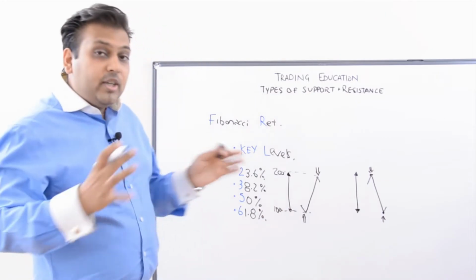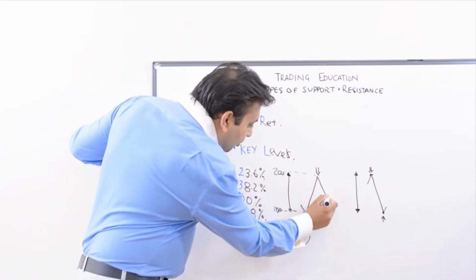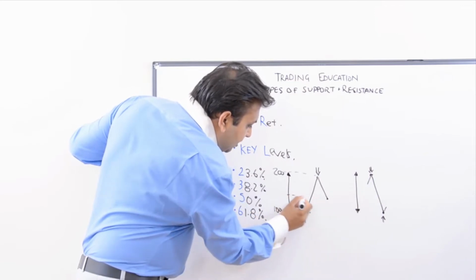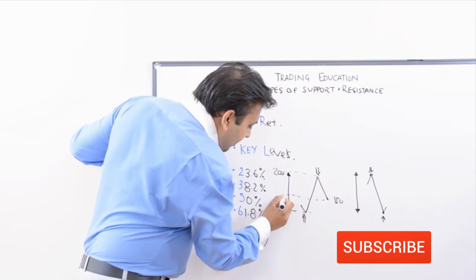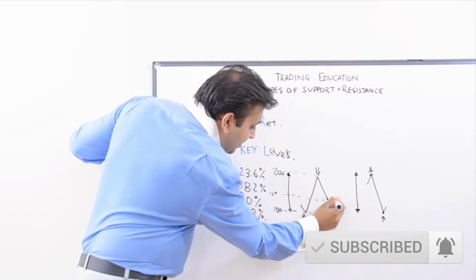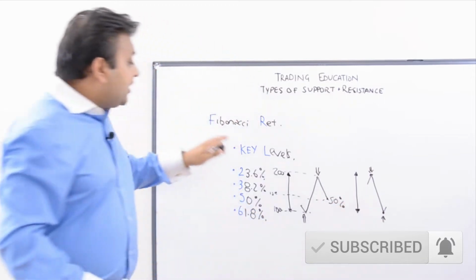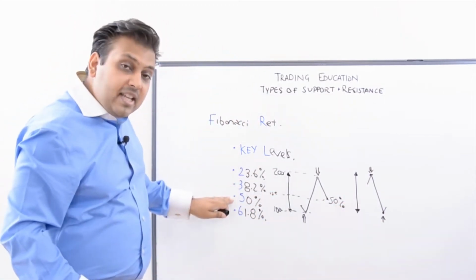Now, if the market were to pull back from its previous swing high to come down to this point here, if it comes back to 150 just here, this may be classed as a 50% retracement. So the key level that this market has retraced to is the 50% level.